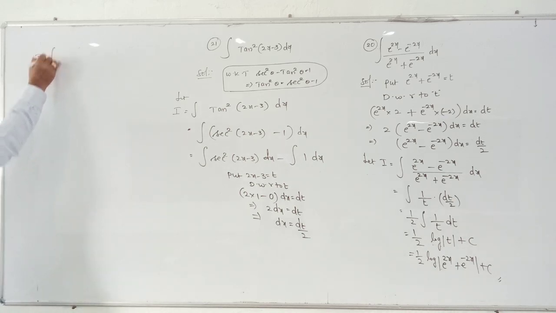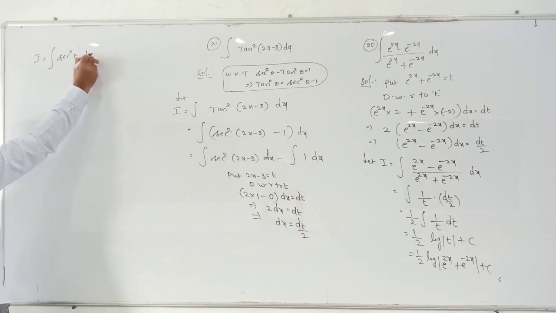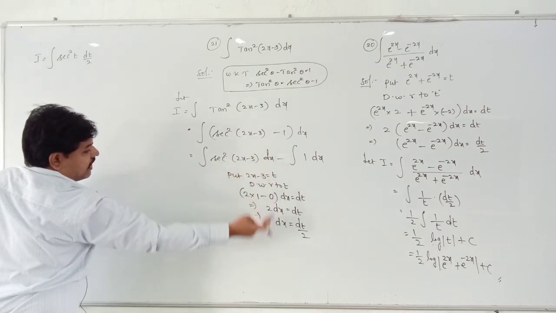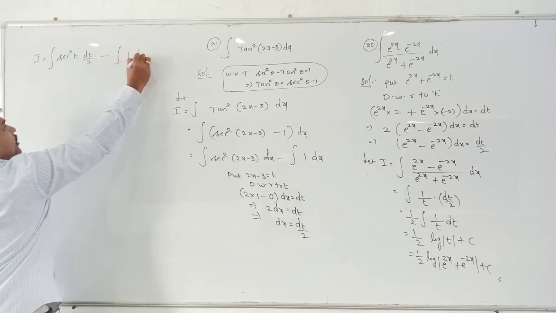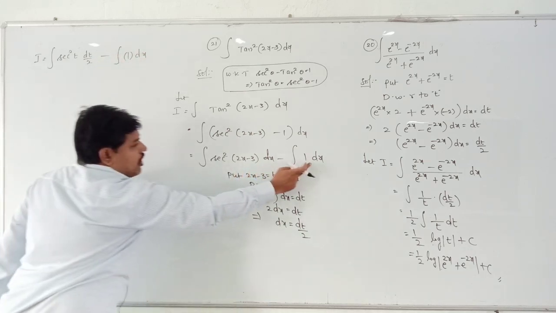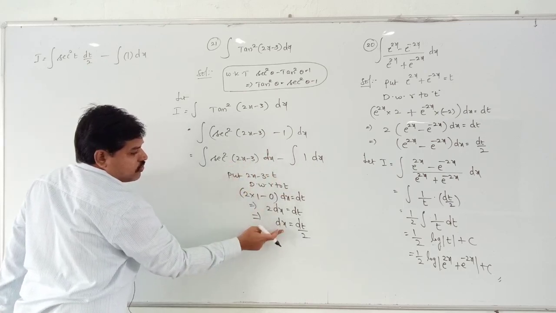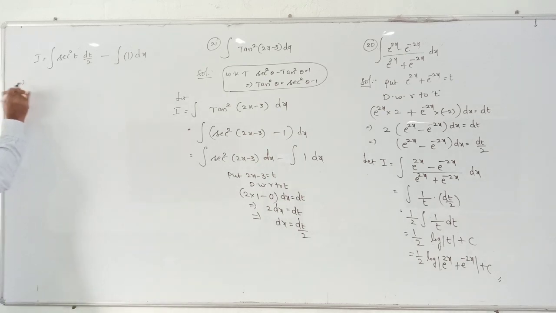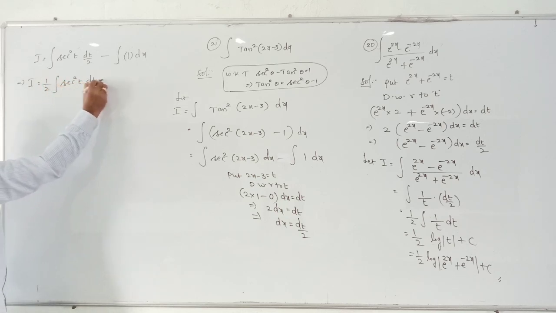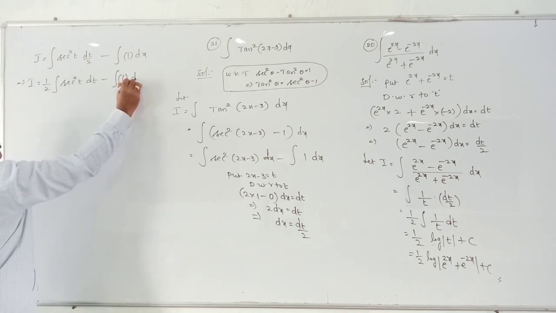I is equal to the integral of secant square t into dt by 2, minus the integral of 1 into dx. This term I have not substituted, I substituted only in the first one. So dx will become dt by 2. That implies I is equal to 1 by 2 into the integral of secant square t dt minus the integral of 1 into dx.